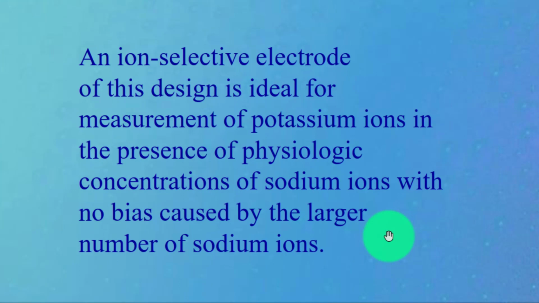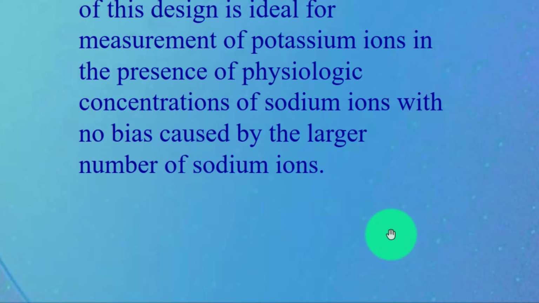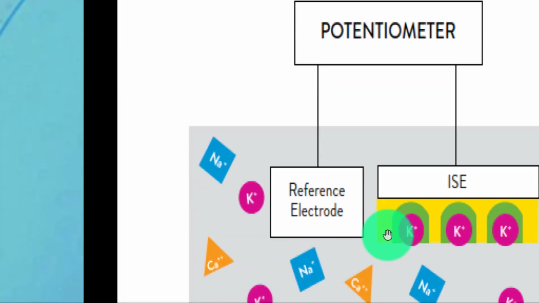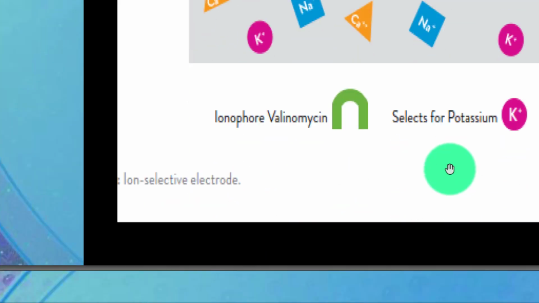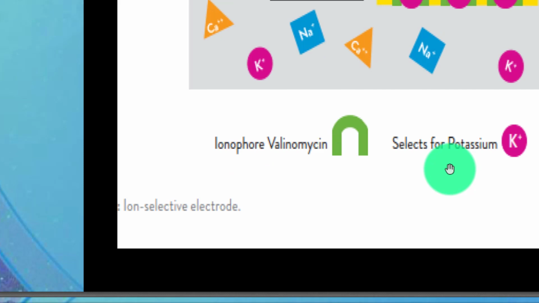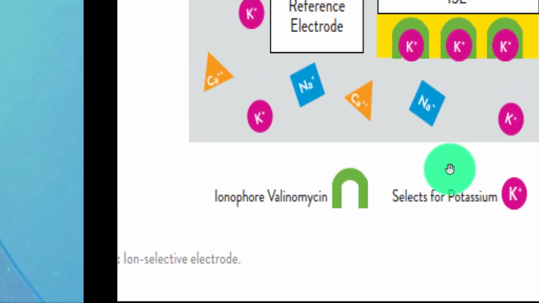An ion selective electrode of this design is ideal for measurement of potassium ion in the presence of physiological concentrations of sodium ions with no bias caused by the larger number of sodium ions. Potentiometer, the reference electrode, ISE, selective for potassium, ionophore valinomycin.